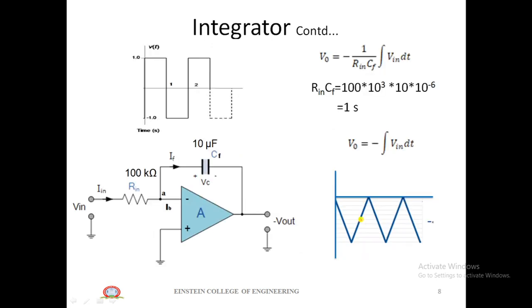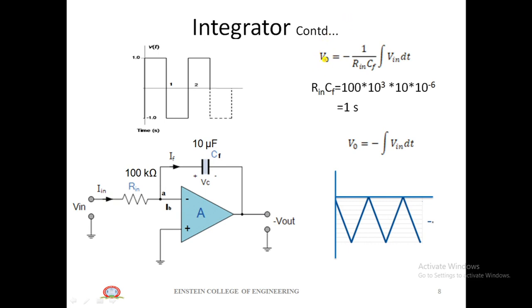We see one problem related to the integrator. Here in this integrator, a square wave is given with a magnitude of 1 volt, and the input resistance is 100 kilo ohm and the capacitance value is 10 microfarad, and we are going to find the output voltage.